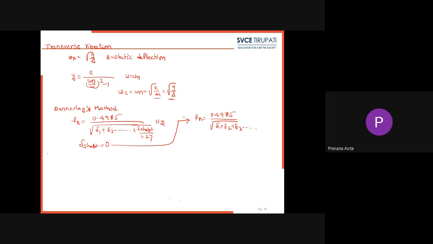Then the next category is the torsional vibration.